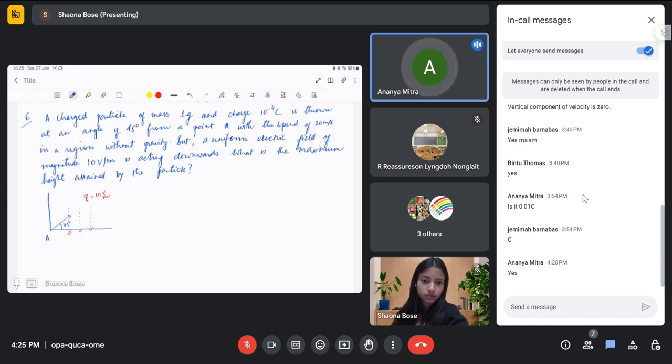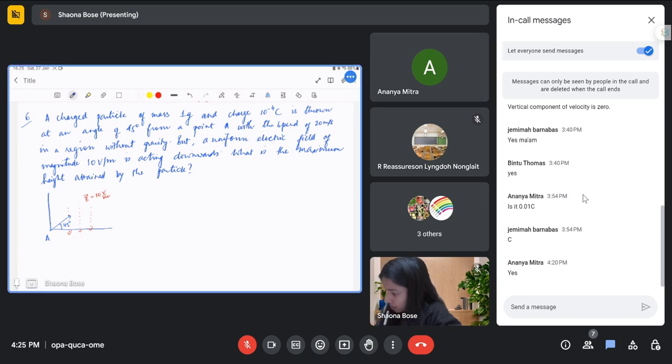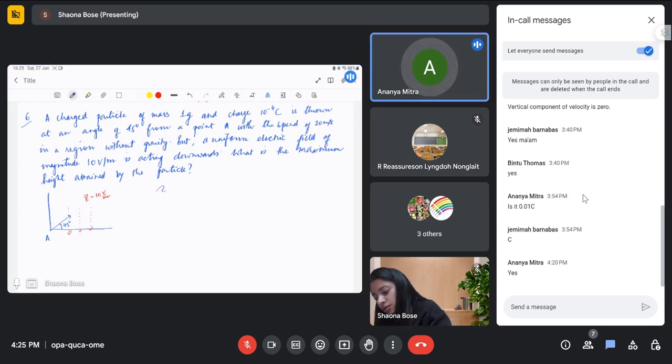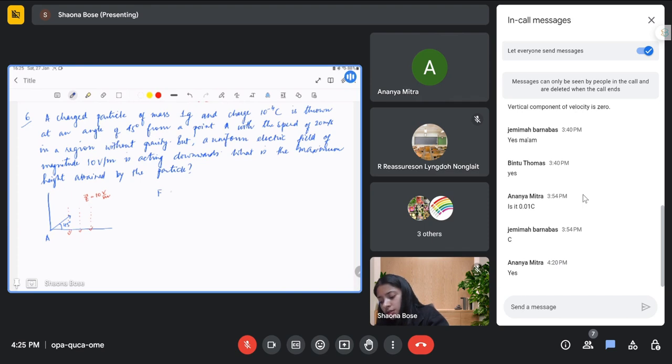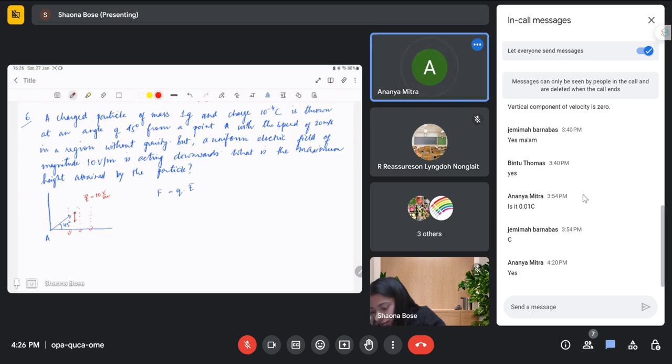Force equal to Q into E, downward force direction. Force is equal to Q into E. You mean if I have the particle like this, there will be a force acting in this direction? Yes. Okay.